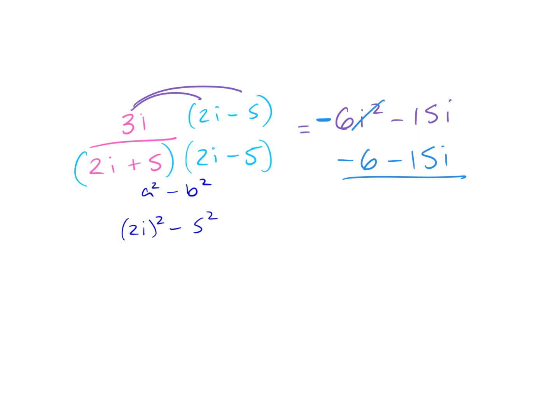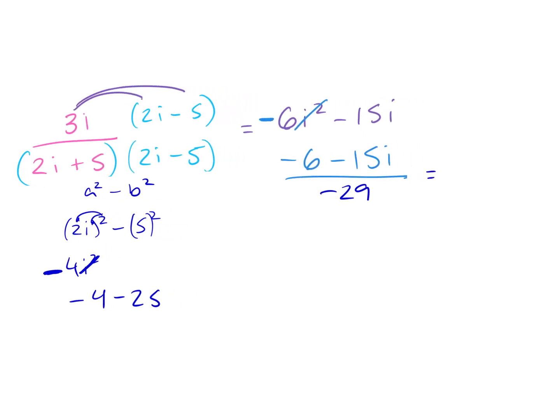What's 2i squared? 4i squared. And i squared turns into negative 1. So it changes it to negative 4 minus, what's 5 squared? 25. And negative 4 minus 25? Negative 29. It's just the 5 that's being squared, so the minus stays in the middle.